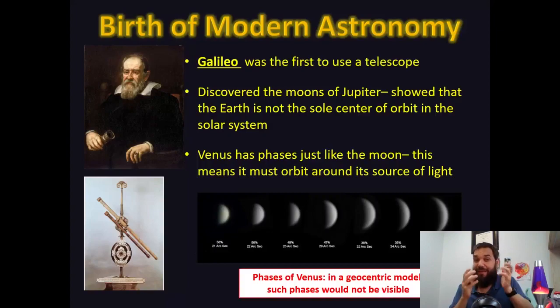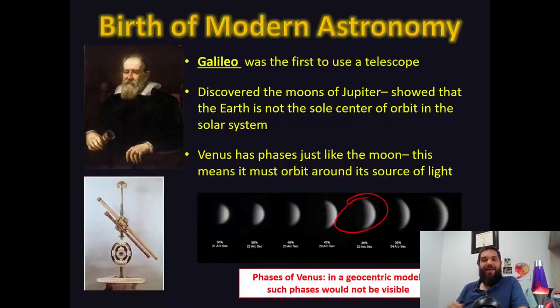He saw that the planets were different than the stars. They weren't just points of light like the stars are. They are round objects, kind of like the moon. He noticed that Venus has phases, just like the moon has phases, and that therefore it must be orbiting around its source of light: heliocentrism.